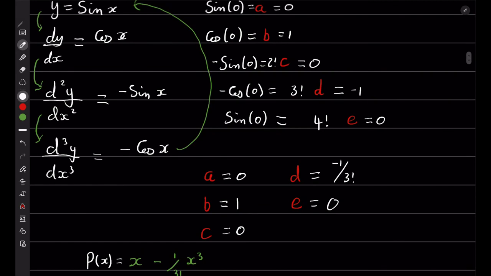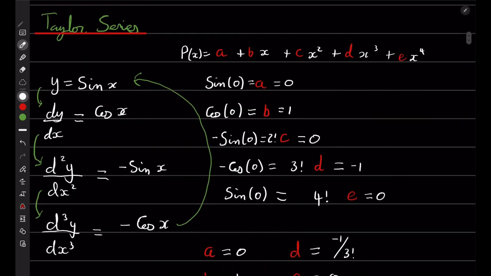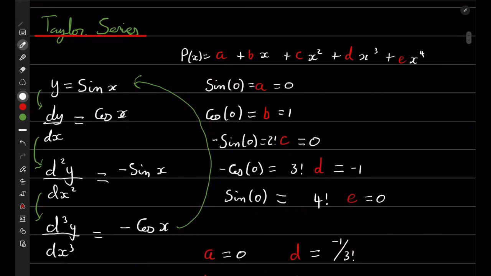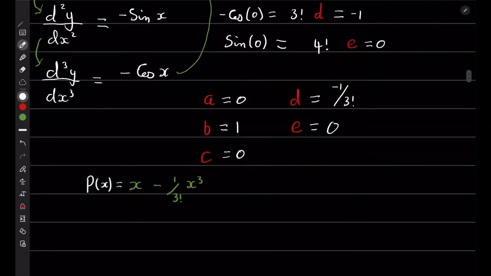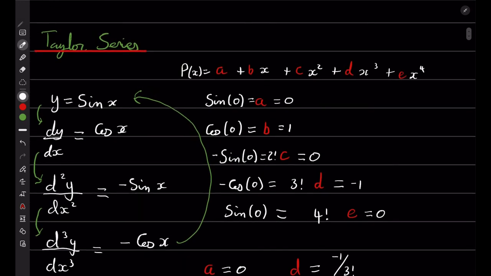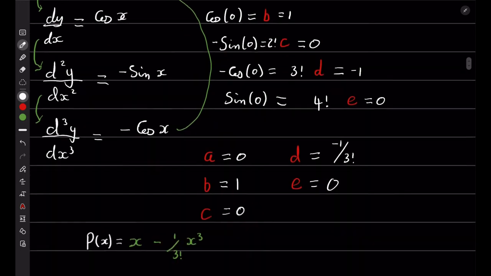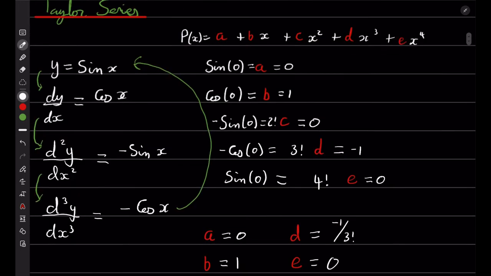This is not the best approximation because we're not matching everything. We're not matching the rate of change and so on. We're only matching up to the fourth derivative. But with infinite polynomials, that's when you get to match the function completely.